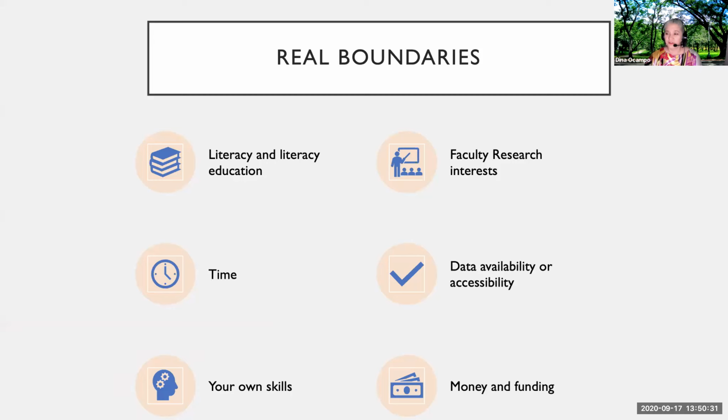You must also consider real boundaries. For example, if you are enrolled in the program of reading education at the UP College of Education, naturally, your paper should be on literacy and literacy education. But it also helps if you know the faculty research interests in your area, because their expertise will be a good resource for your decisions.